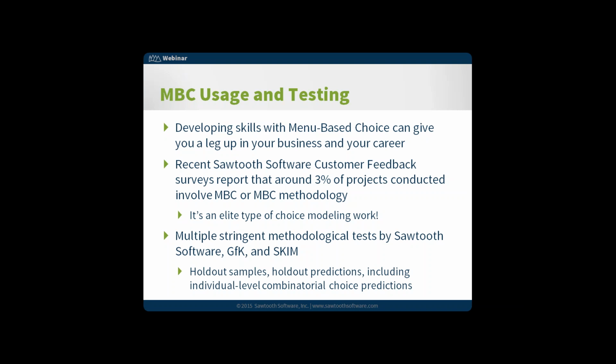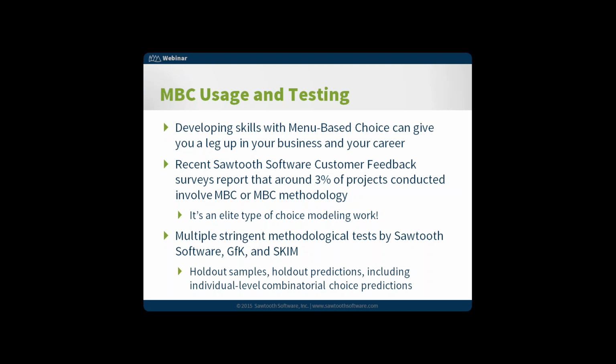It's only about 3% of projects that are being done right now, and it's very likely that it's going to always be less than 10% of the projects, because most projects probably can go with standard CBC type research, but some of them are definitely much more appropriate for menu-based choice, and it's starting to take off.